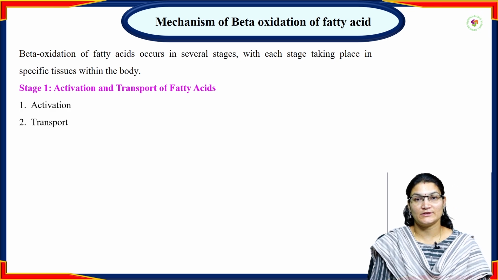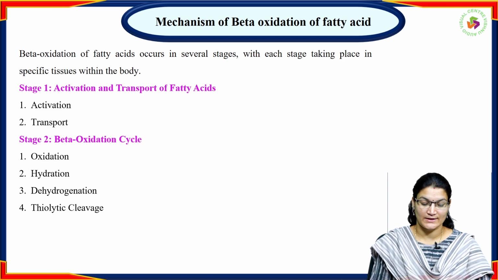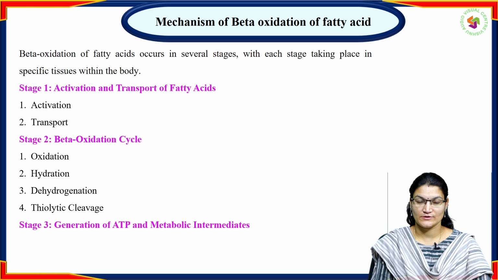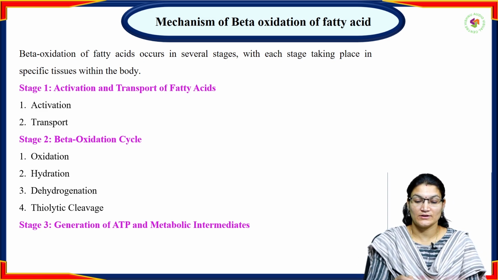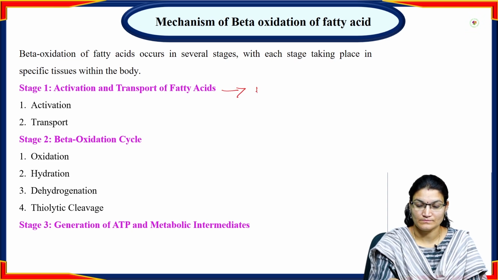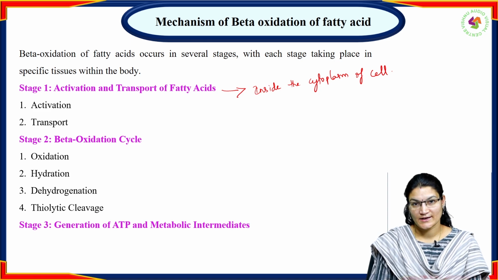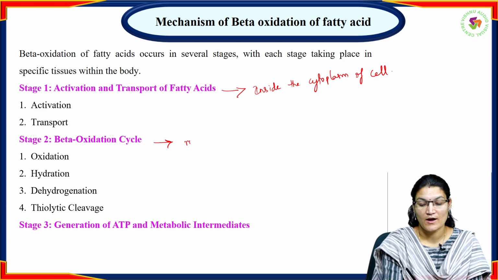The first stage is activation and transport of fatty acids, the second stage is the beta oxidation cycle, and the third stage is generation of ATP and metabolic intermediates which are utilized further for energy. The activation and transport of fatty acids occurs inside the cytoplasm of the cell. The beta oxidation cycle occurs in the mitochondria of the cell.